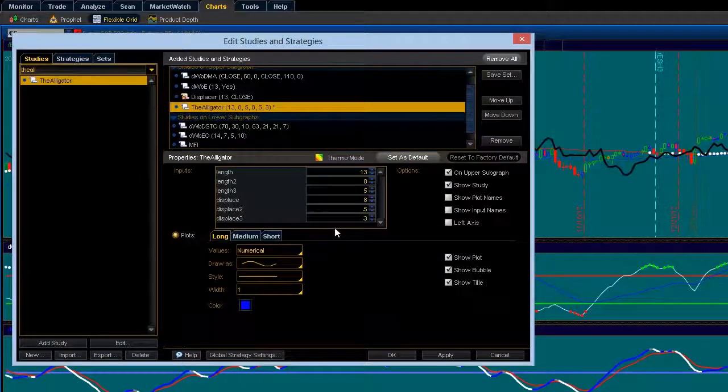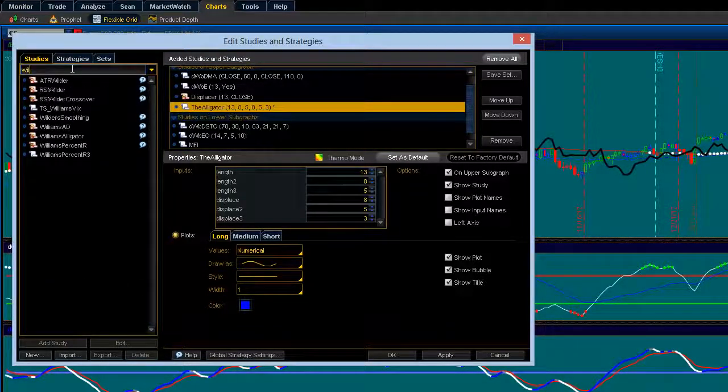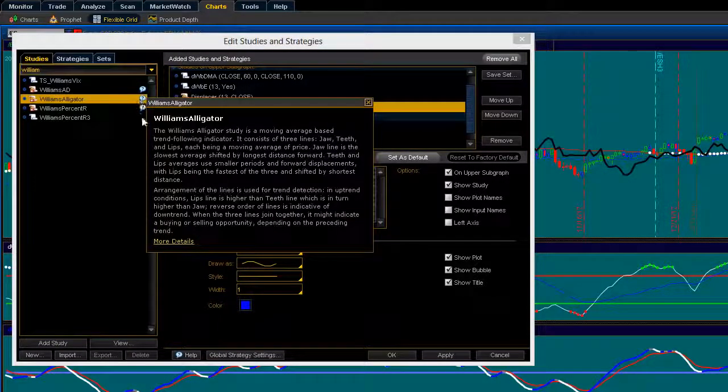And I've had this indicator for a long time, and I've used it for a long time, and I noticed a little while ago that I was looking at Williams, and I said, hey, there's Williams Alligator, and I brought it up, and what do you know, it's the same one that Mr. Victor Jones created for me.